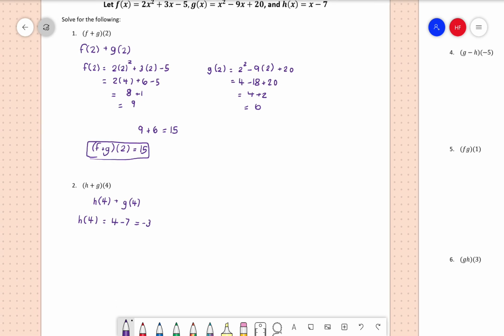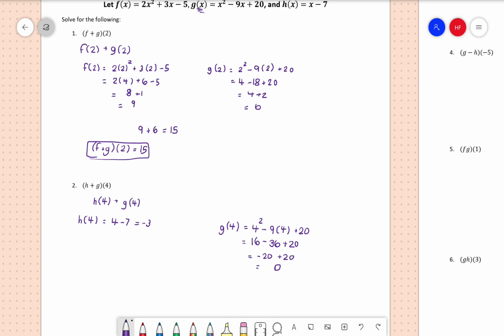And then g of 4 is 4 squared minus 9 times 4 plus 20. So all I've done here is replace x in the original function g of x with a 4 every time. 4 squared, 16, minus 9 times 4 is 36, plus 20. 16 minus 36 is negative 20, plus 20, we get 0.